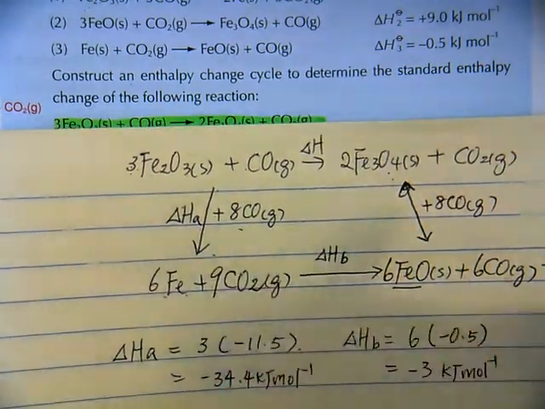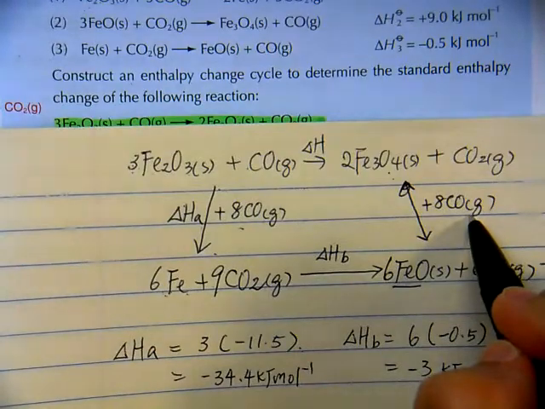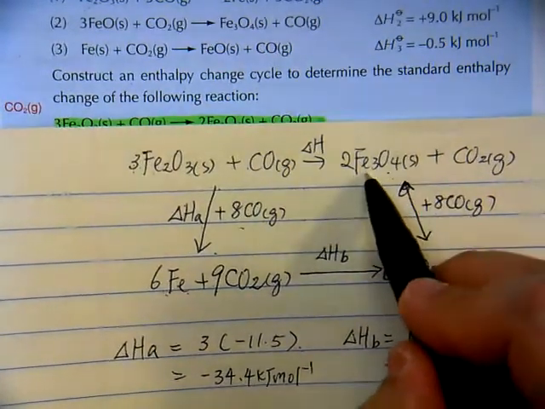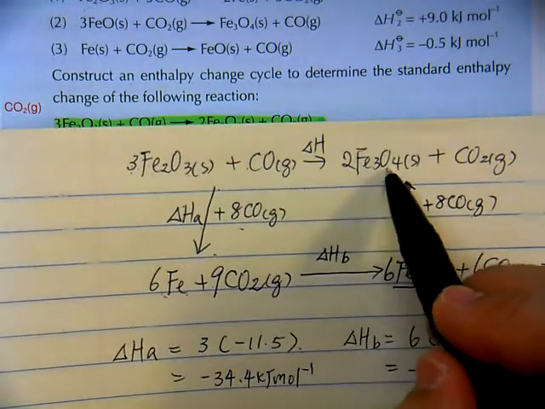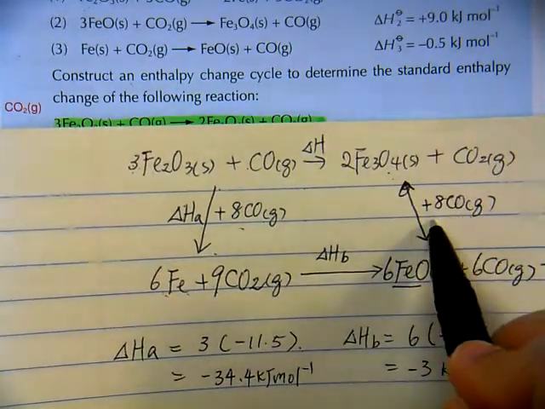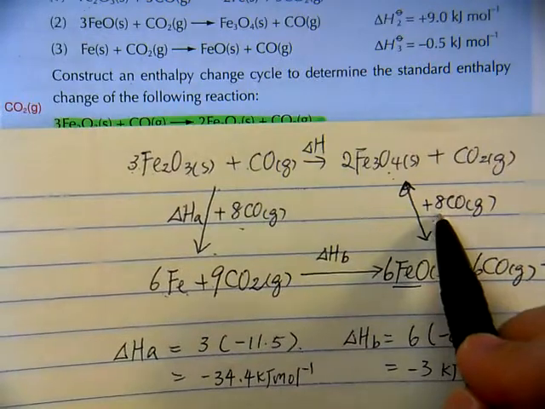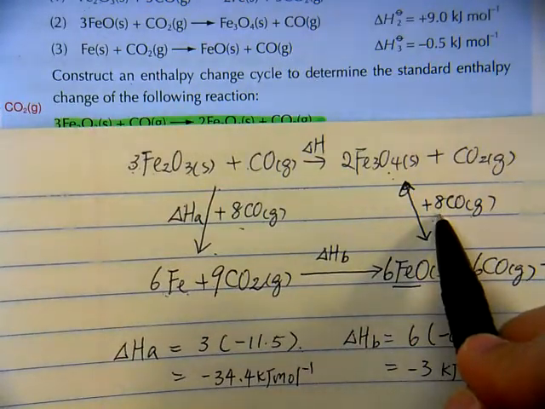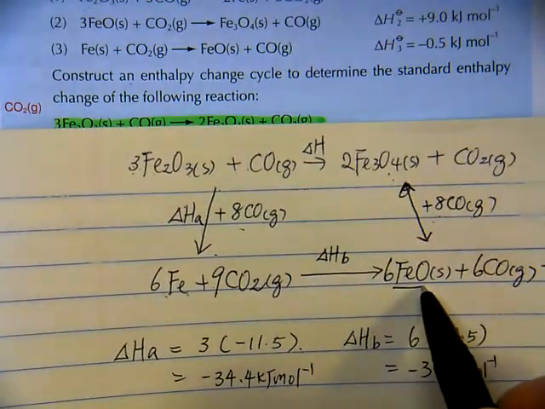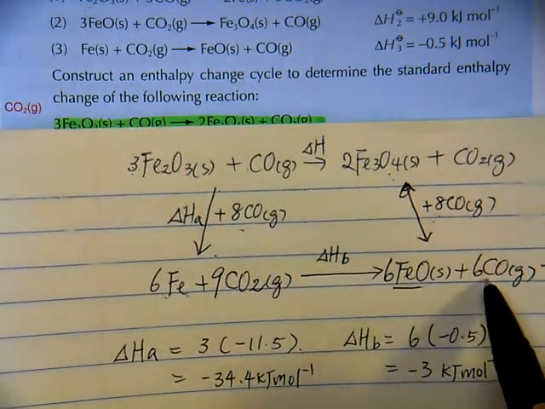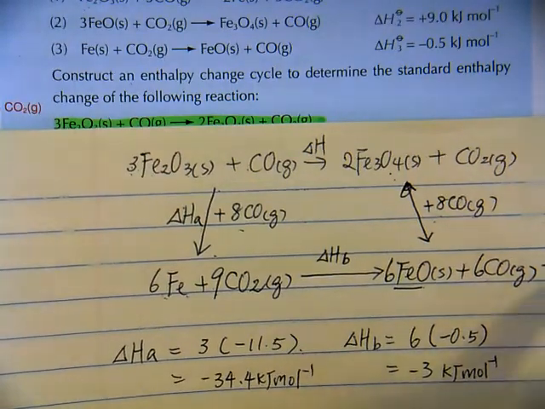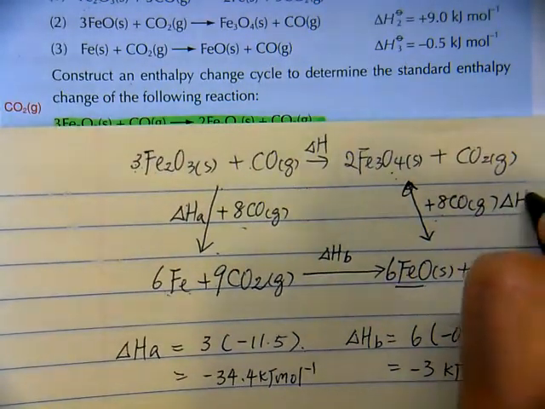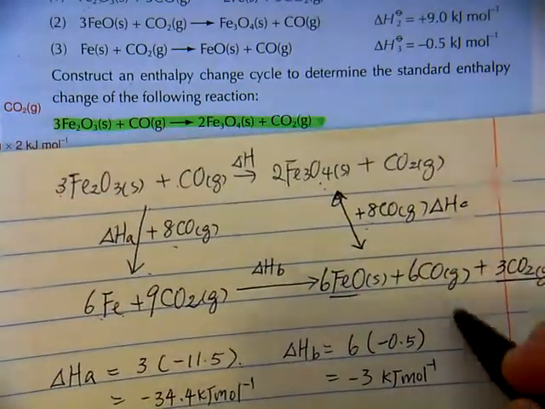Okay, and then here we have 2 Fe2O3. We react with 2 of them. Okay, so that 6 FeO and 3 CO2 are produced. In other words, this is delta HC.